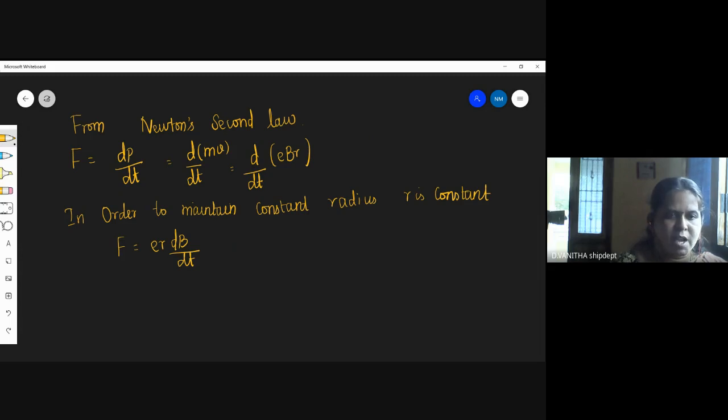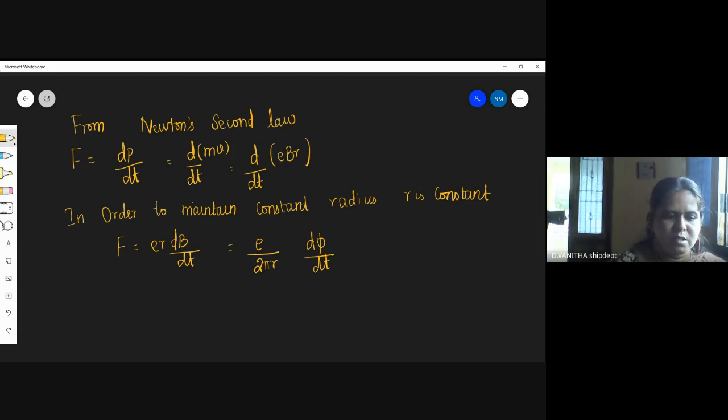So next is that here P can be written as E by 2 pi R into d phi by dt.